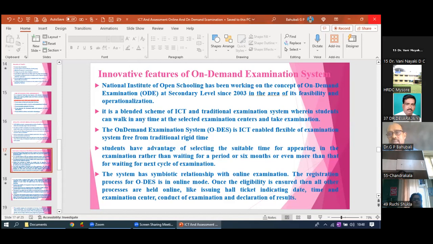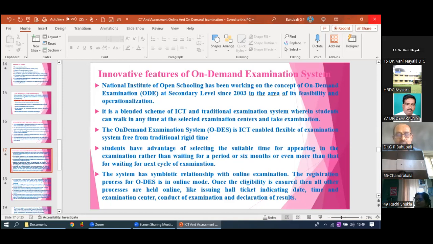That is one of the features of on-demand examination: selecting a suitable time for appearing in an examination rather than waiting for a period of 6 or 7 months or more for the next cycle of examination. So this is one.